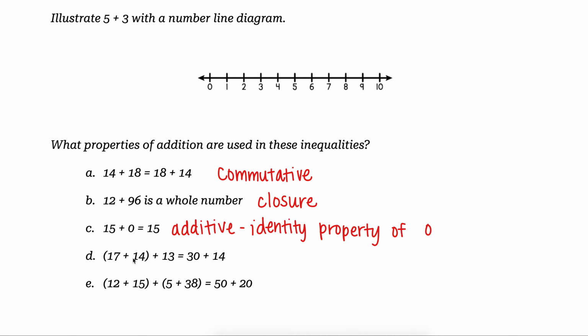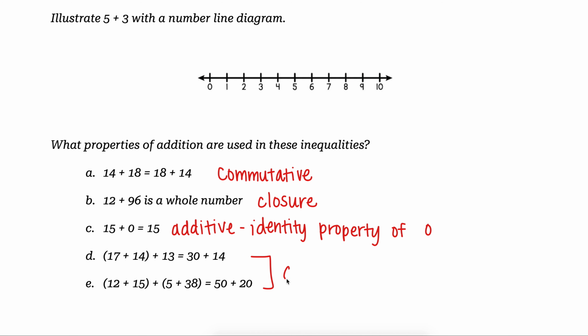The 14 went from being in the middle to being at the right. So that's our commutative property. And the parentheses, instead of being around the 17 and the 14, we're around the 17 and the 13 to get the 30. So this is highlighting both the associative and the commutative properties, as is the last one.